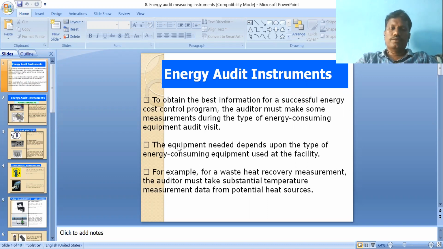The equipment needed depends upon the type of energy consuming equipment used in the facility. For example, for waste heat recovery measurement, the auditor must take substantial temperature measurement data from the potential heat sources.